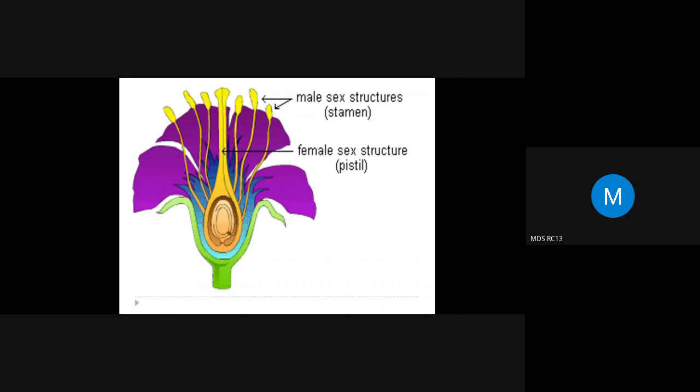And the male part is called the stamen. At the end of the male part, we will have the anthers attached. Those anthers will contain pollen grains. And those pollen grains must be transferred on top of the pistil, that is the ovule of the flower.